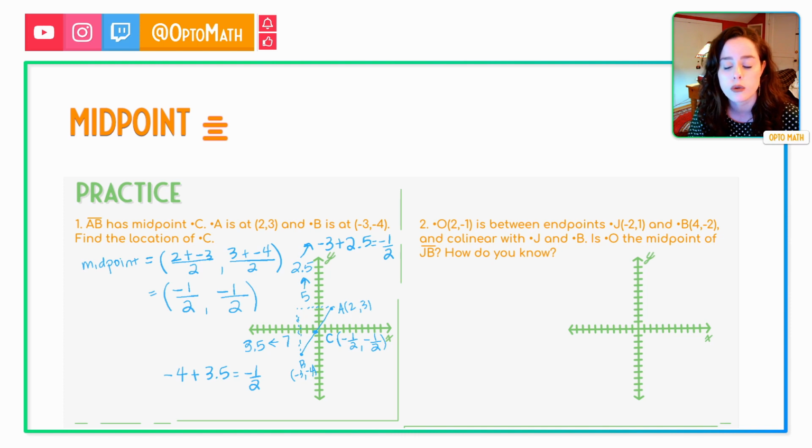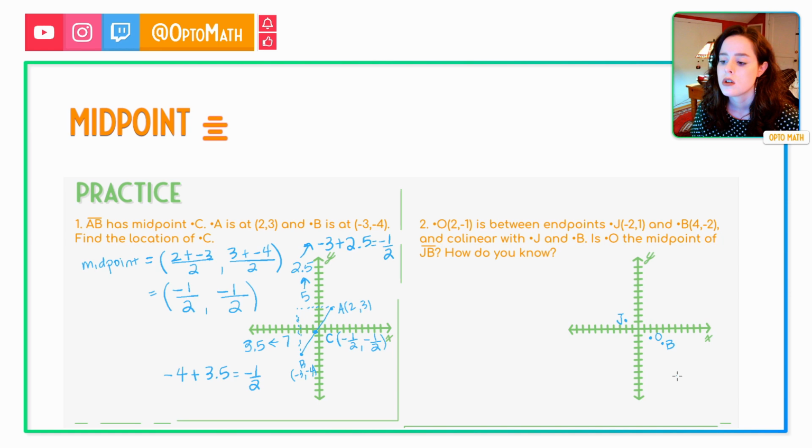You have to be in the middle, right? So let's plot the points to just get a good look at what this looks like. So O is at 2, negative 1. So that's point O. J is at negative 2, 1. And B is at 4, negative 2.